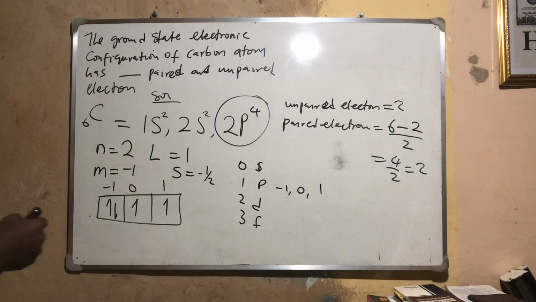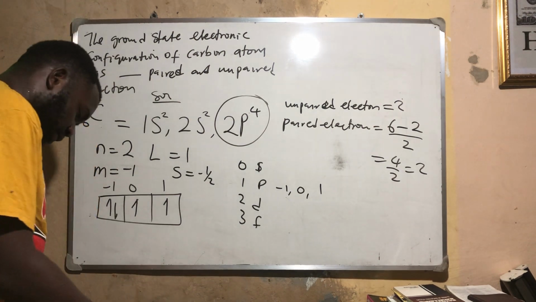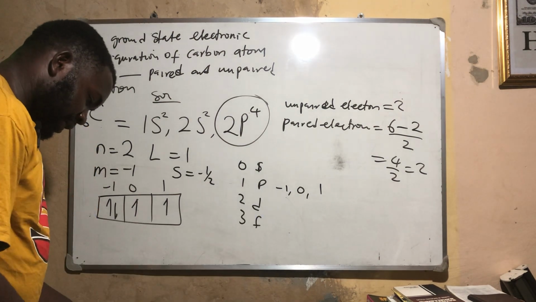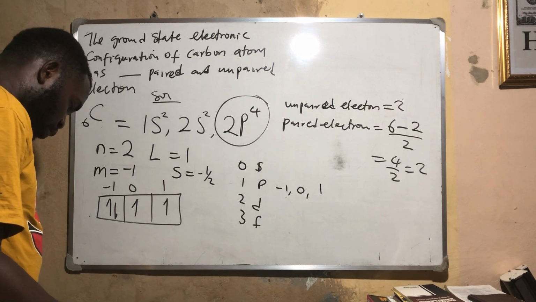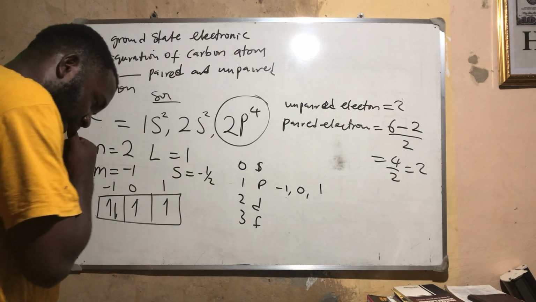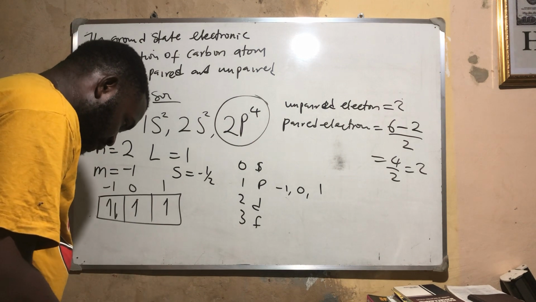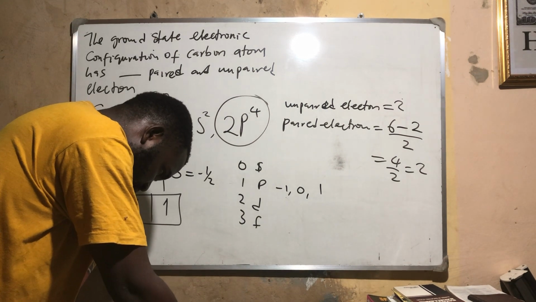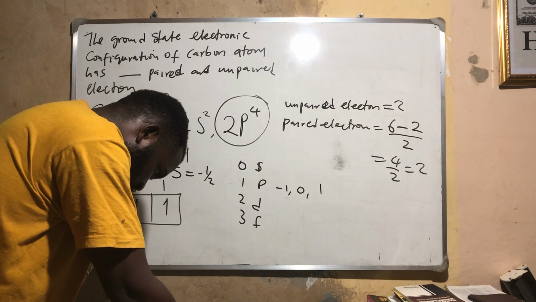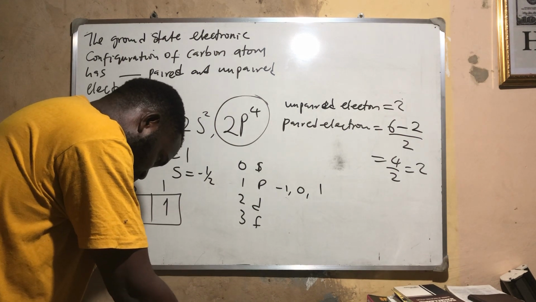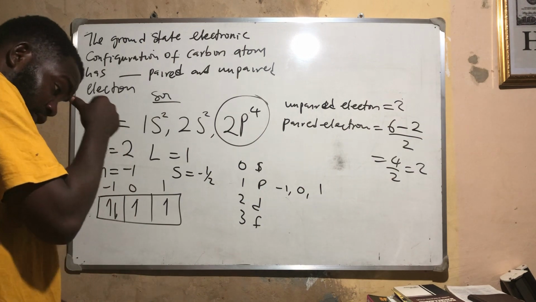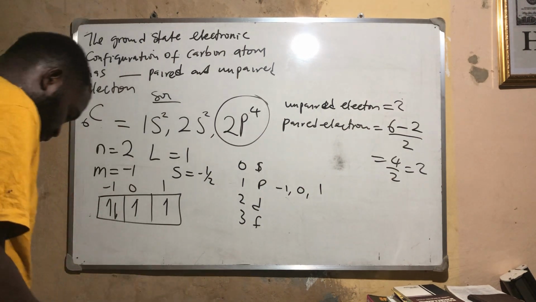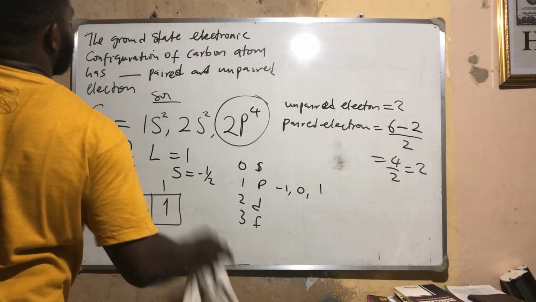So carbon has 2 unpaired electrons and 2 paired electrons. Okay, very, very simple question. All right, so the next question, we move.